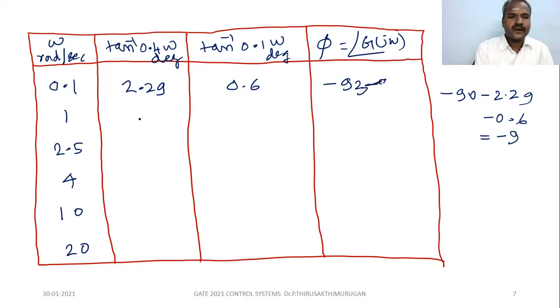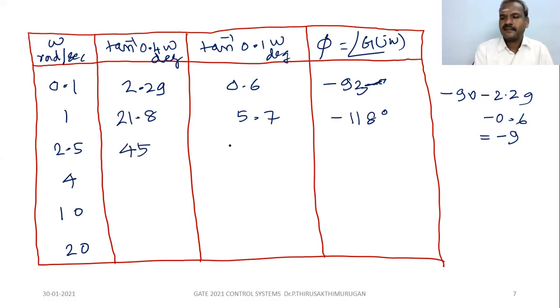For 1, this becomes 21.8 degree. This is 5.7 degree. So this is minus 118 degree. Then for 2.5, this becomes 45 degree. This is 14 degree. So net is minus 150 degree.